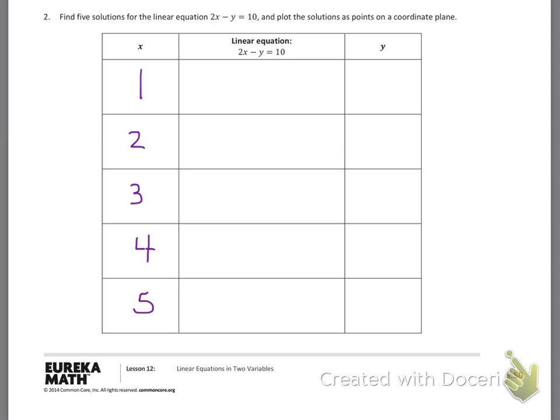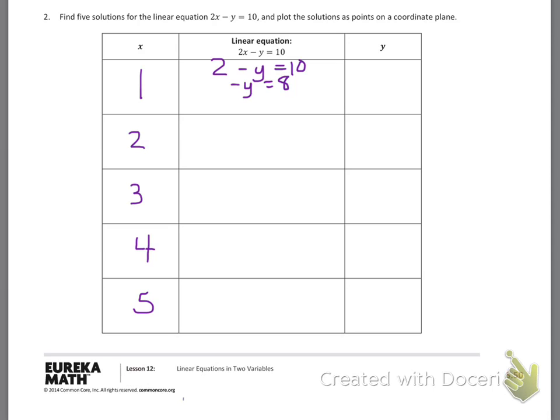And so this linear equation would then be 2 times 1 minus y equals 10. So that's 2 minus y equals 10. If I subtract 2 from each side, I get negative y is equal to 8.